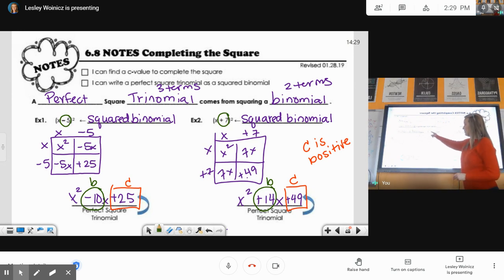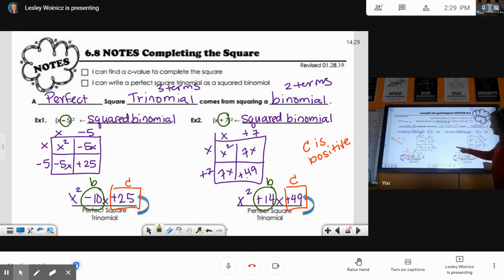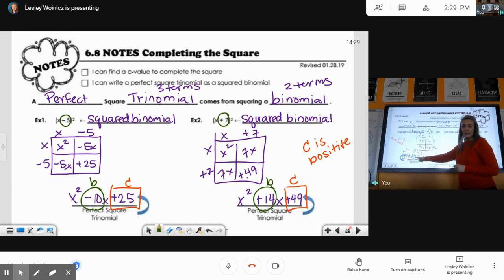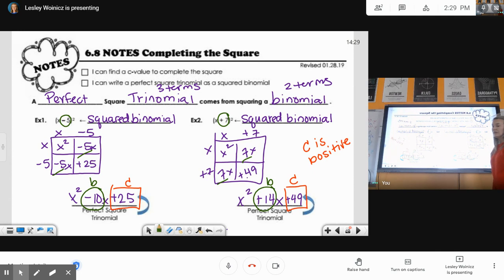I had a positive 7, it gives me a positive 14. The signs match, right? The other thing I want to show you is that if I double 5, I get 10. If I double 7, I get 14. And that's because I have 2 7s and I have 2 negative 5s. They're doubled. I have 2 of each. Okay, so going this way, it's times 2.